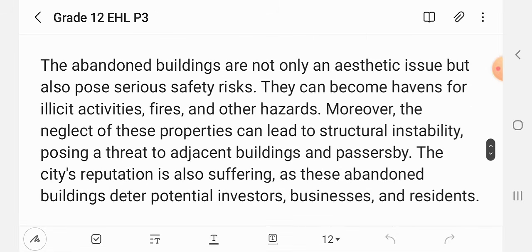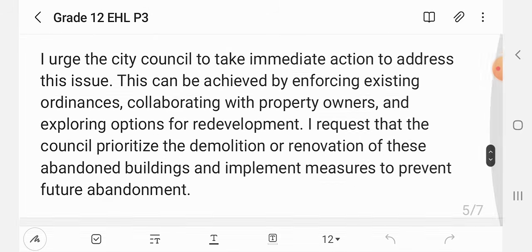The abandoned buildings are not only an aesthetic issue, but also pose a serious safety risk. They can become havens for illicit activities, fires, and other hazards. Moreover, the neglect of these properties can lead to structural instability, posing a threat to adjacent buildings and passersby. The city's reputation is also suffering as these abandoned buildings deter potential investors, businesses, and residents.